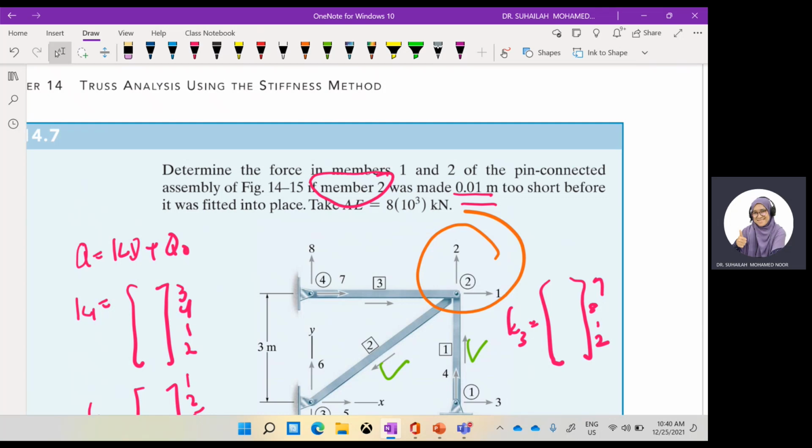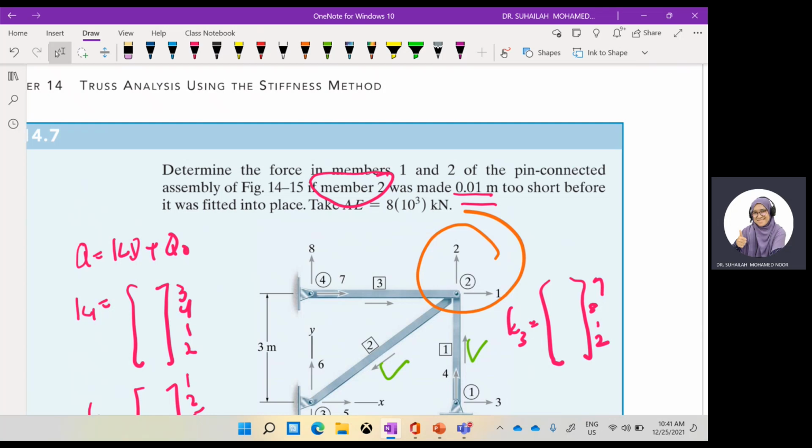The member gets the effect, not the joints or nodes. For fabrication error, the element gets the effect, but for temperature changes, logically the whole structure gets the effect.